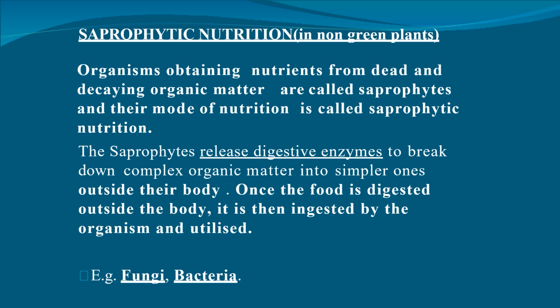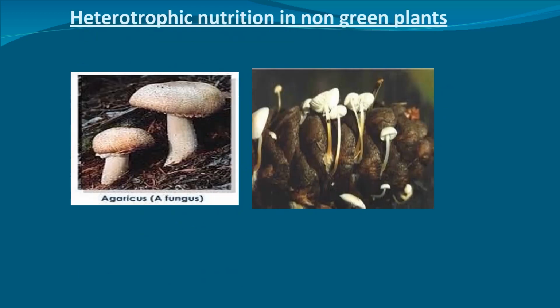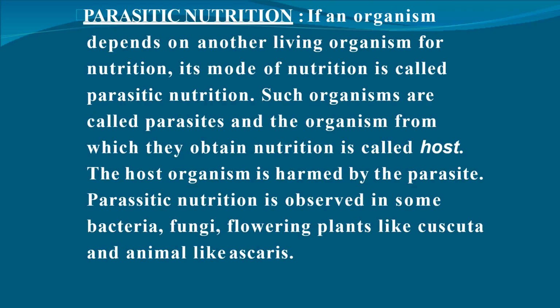Examples of this kind of nutrition are fungi and bacteria. As you can see in the other slide, we are showing here Agaricus, which is a fungus, and this shows saprophytic nutrition.